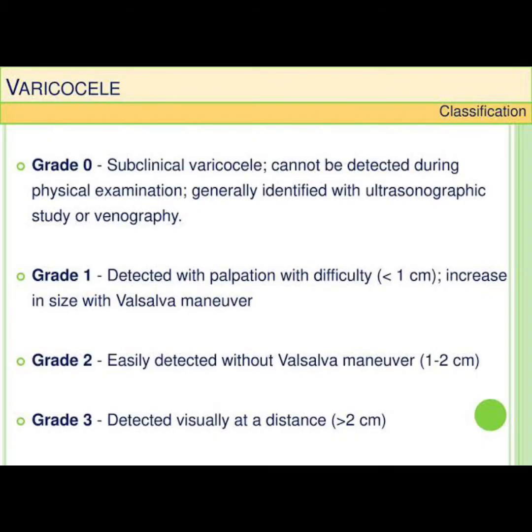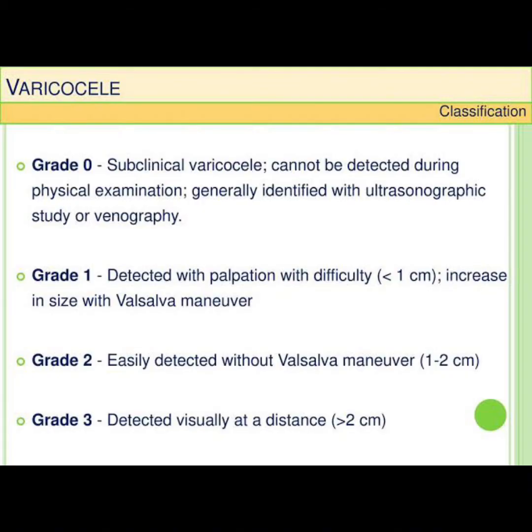Grade 0 means that the varicocele is subclinical. It cannot be detected during physical examination, and it is only identified on ultrasound. So grade 0 means subclinical, cannot be detected in your routine examination, can only be seen on ultrasound.